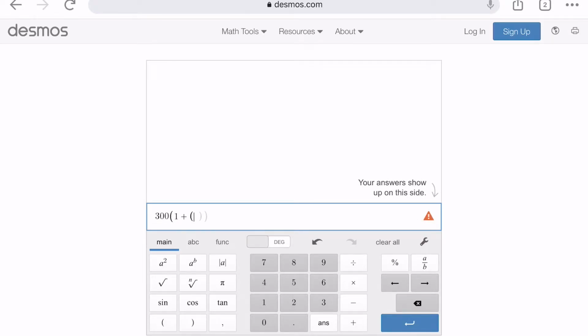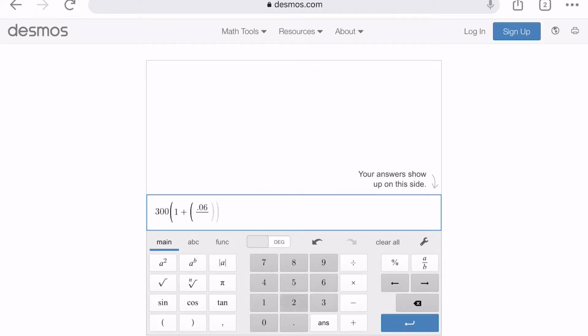Right here is where I'm entering my second set of parentheses. You should all practice typing this in, making sure you get the same answer as me. Over here on the right side of the calculator screen, you can see that my output is $978.61.